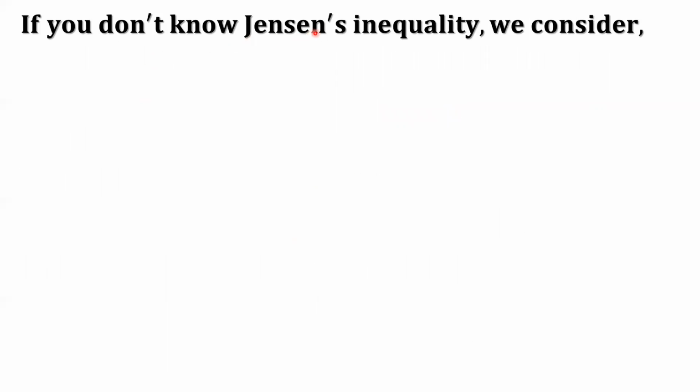If you don't know Jensen's inequality, we can also do it. We can derive a simple version of Jensen's inequality. Consider the variance formula: variance equals the expectation of X squared minus the square of the expectation of X. Variance is always greater than or equal to 0.